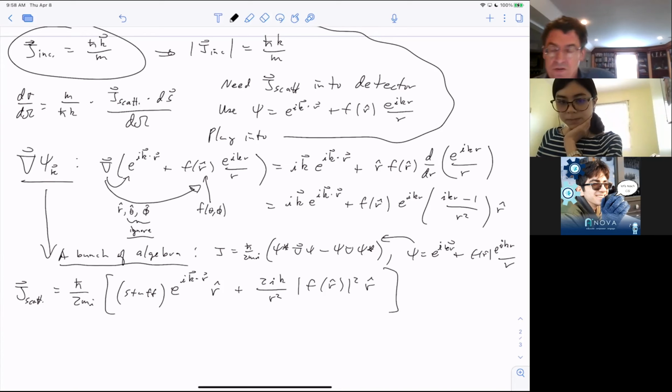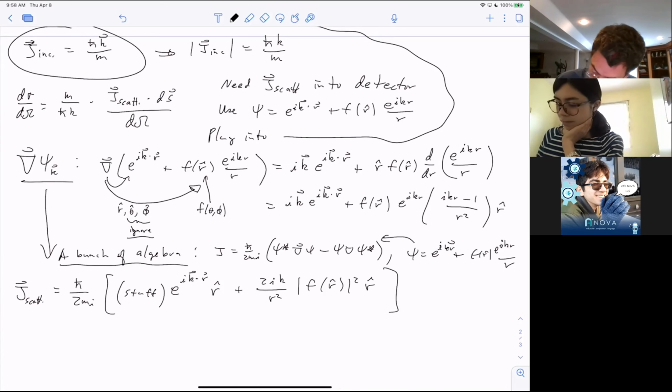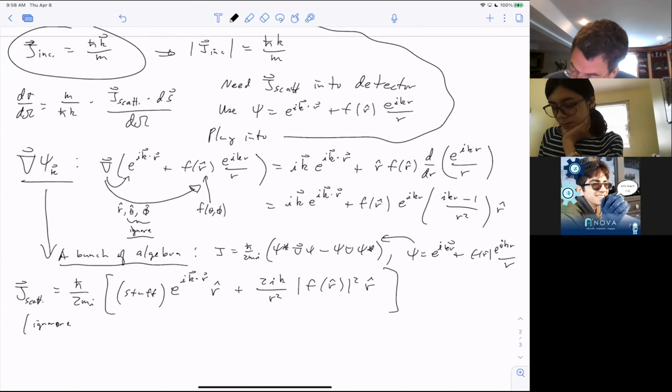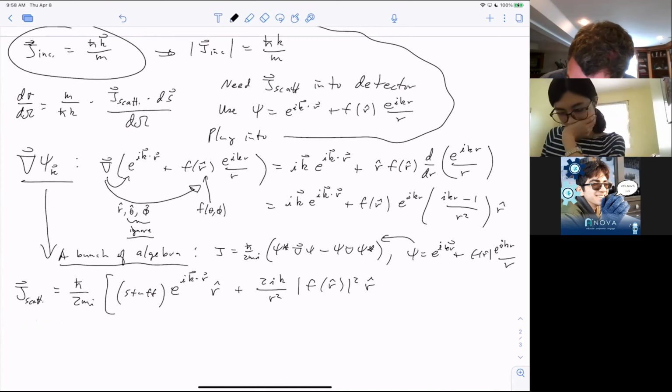There'll also be another term somewhere, another term in there that we ignored. If you do the algebra yourself, maybe I should write this other term in there just for completeness. There is one more term when you do the algebra.